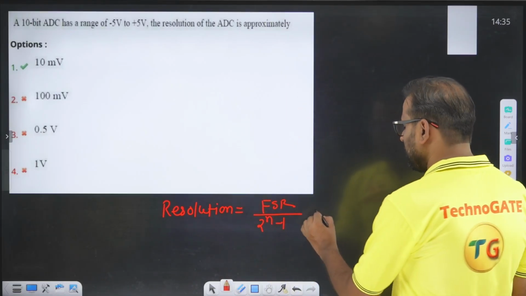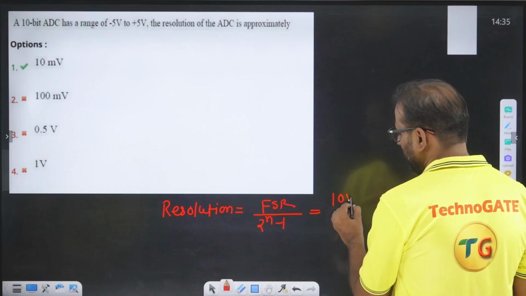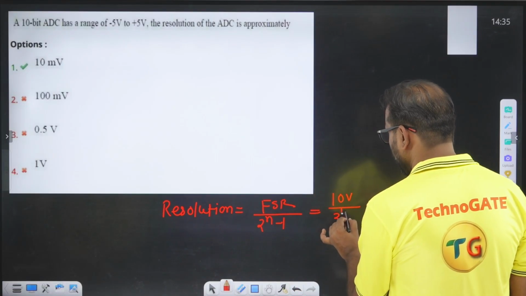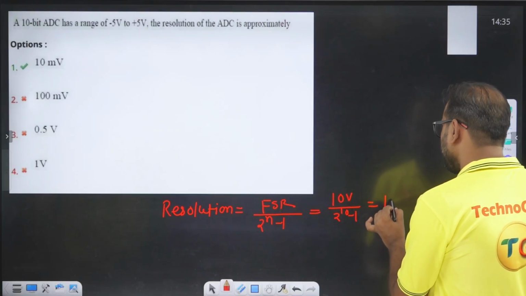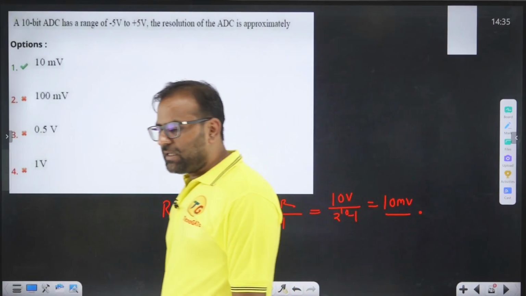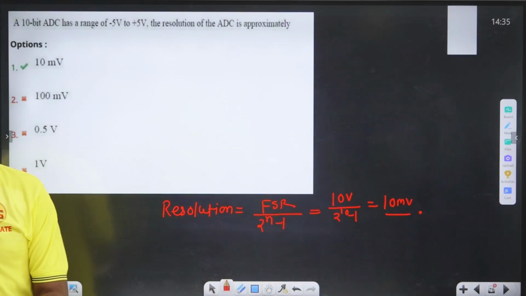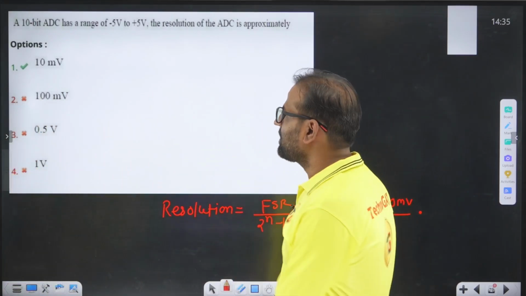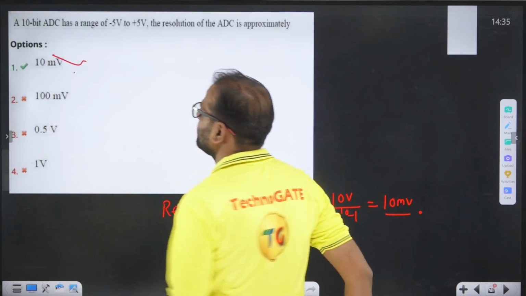So what is full scale reading? You have full scale reading 10 volt and how many bits? 10 bits. So 2 to the power 10 minus 1, 2 raised to the power 10 is 1024 minus 1, which is approximately 1000. So 10 millivolt is the correct option.